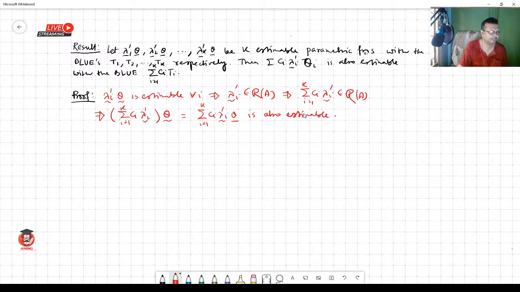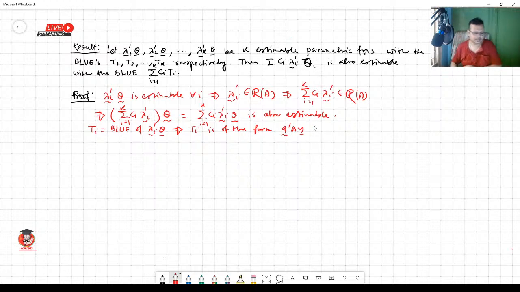Okay. Now Ti, the BLUE of λi'θ, is of the form Q'AY, as we already saw in our previous class, such that Q satisfies this equation.